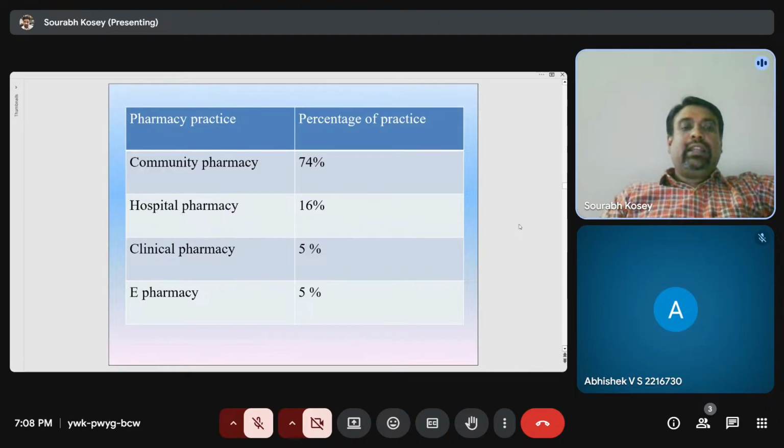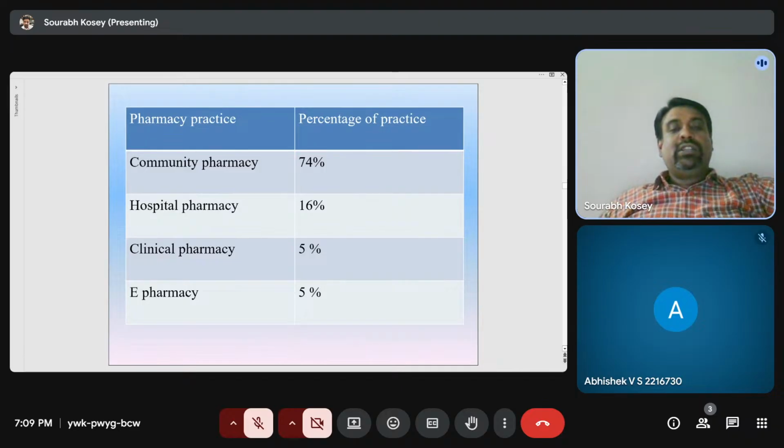Then comes clinical pharmacy, which is 5%. In clinical pharmacy, you work in the NABH accredited hospital where the clinical pharmacist reports to the clinical pharmacologist in a quality department where the NABH accreditation, JCI 6th or 7th edition is going on, where the elements, objectives, and 11 standards of care of management of medications take place.